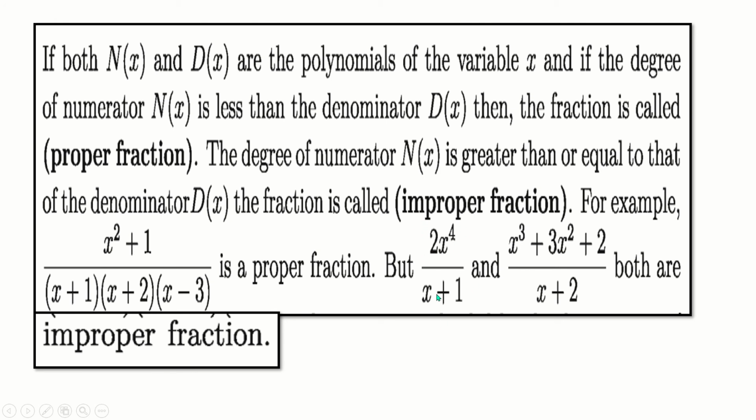Okay, and you will get a form. This is a proper form. One will be a constant or a polynomial, another will be a fraction. Okay, when we solve a problem, we'll easily understand this. Okay, now follow.